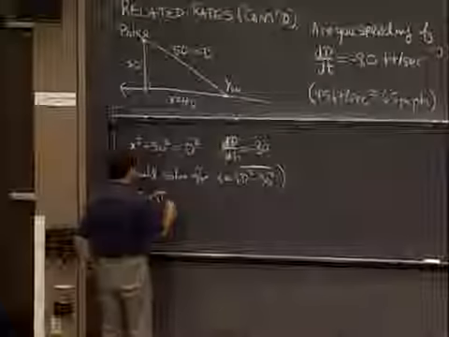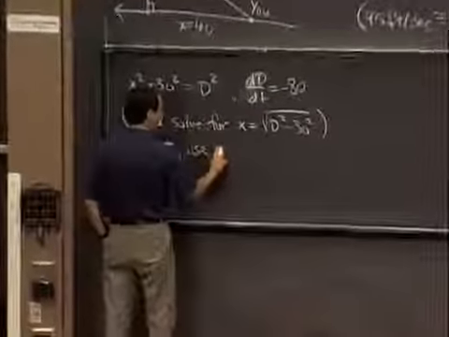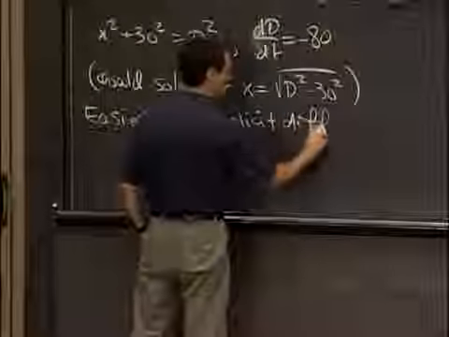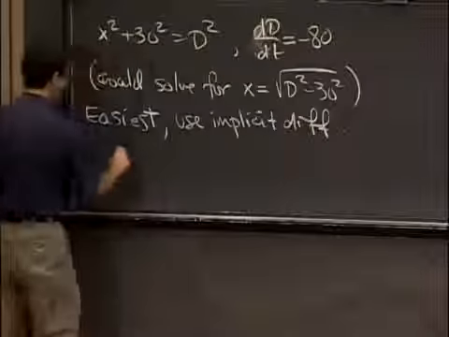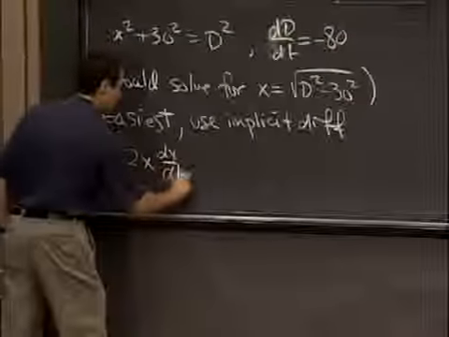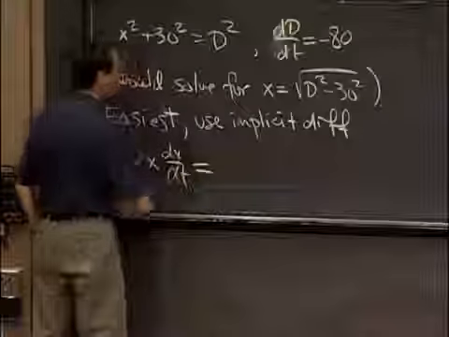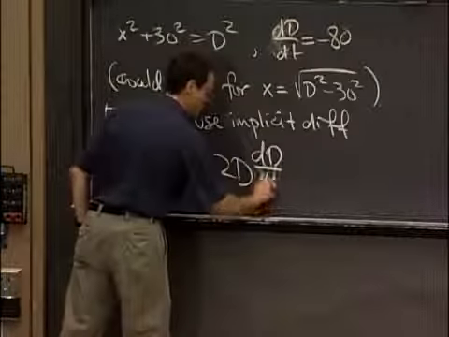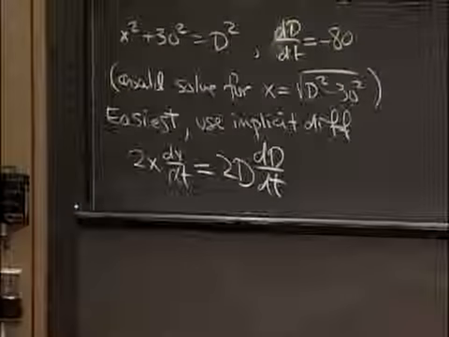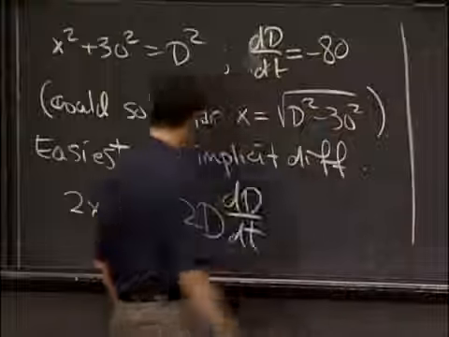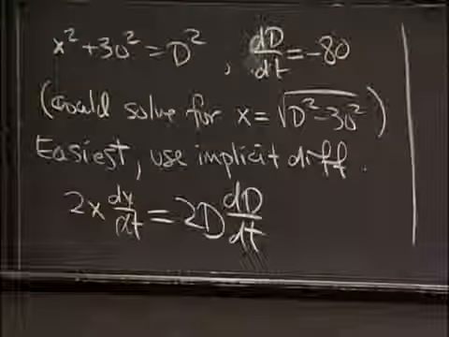The easiest thing is to use implicit differentiation. If I do that, I get 2x dx/dt is equal to 2d dd/dt. No more d/dt left, we hope, except on this blackboard.